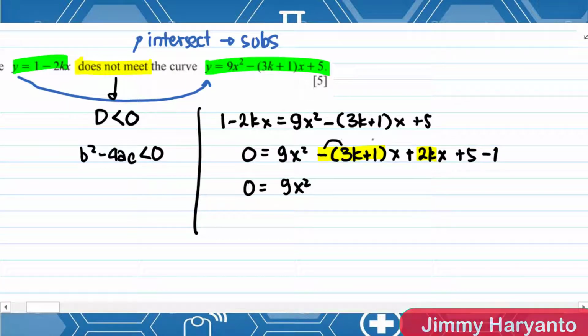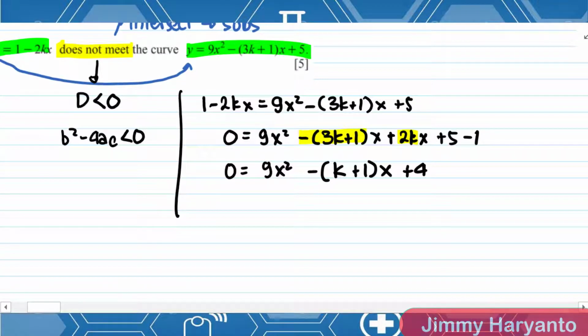Negative 3k plus 2k will be negative k. Negative in the bracket k, and then the plus 1 has no partner, so it stays plus 1x, like that. If you cannot do that, I think you should multiply this first. So we have 9x squared minus k plus 1 x plus 4.